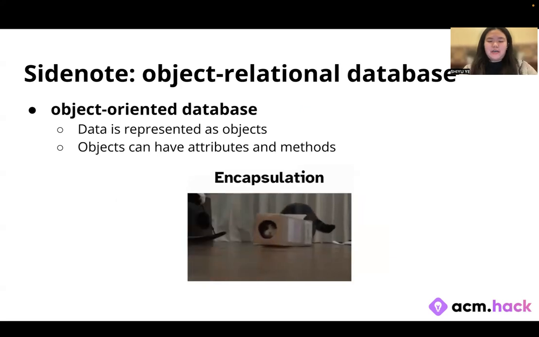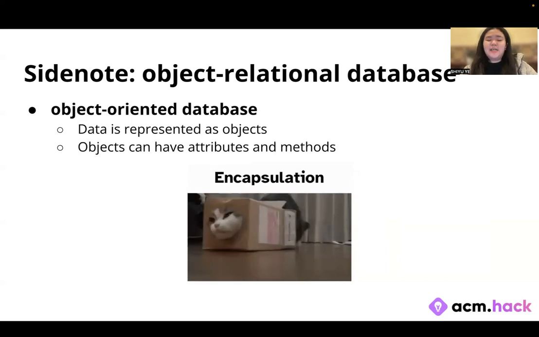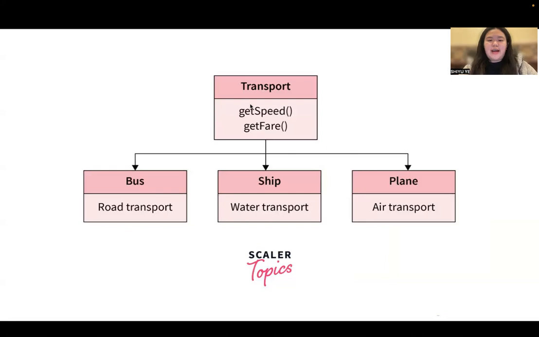So that was relational database. What is object-oriented database? If you have taken CS 31 or 32, you will know that object-oriented is an idea that is frequently brought up during CS 31 or 32. Basically, it means that data is represented as objects, and objects can have attributes and methods. For example, over here, I have a couple of objects. This transport object has a couple of methods.